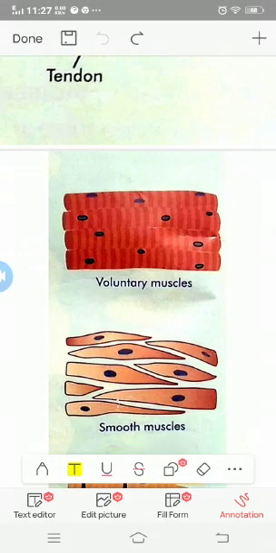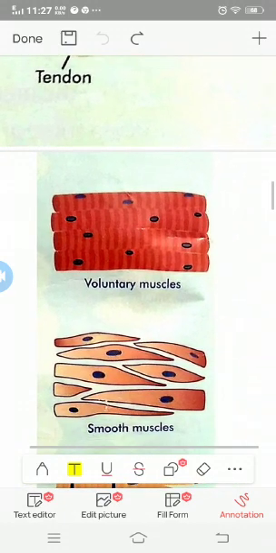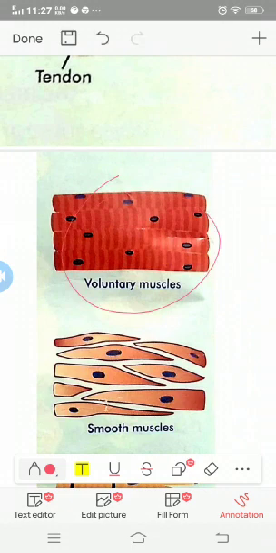Voluntary or skeletal muscles. These are the voluntary muscles. These muscles can be consciously controlled. A human has more than 600 skeletal muscles.